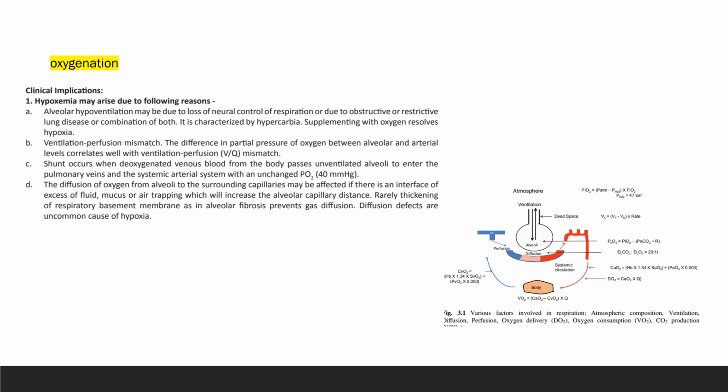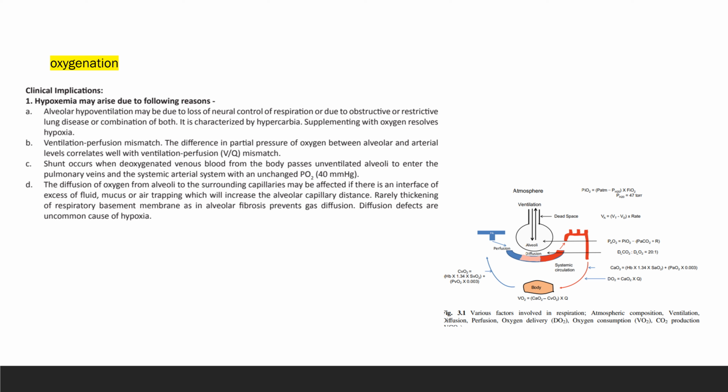That is the difference in partial pressure of oxygen between alveolar and arterial levels, or a shunt, where deoxygenated venous blood from body passes unventilated alveoli to enter pulmonary veins. And the last problem that can occur is diffusion problem.